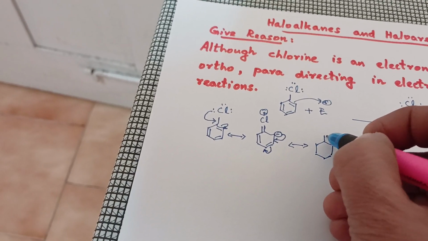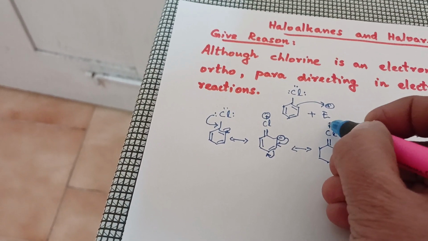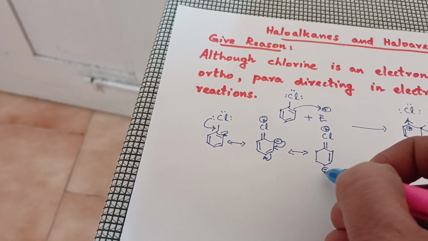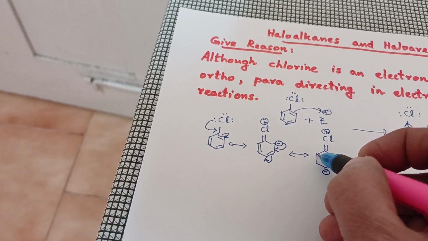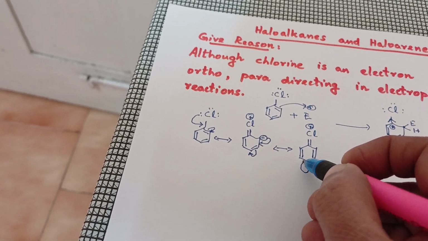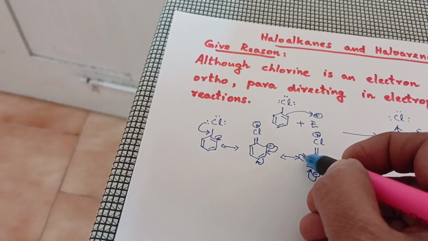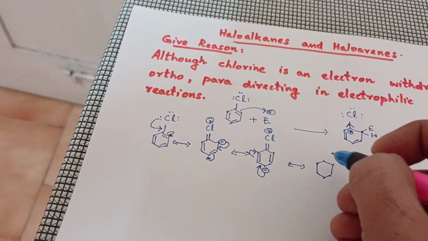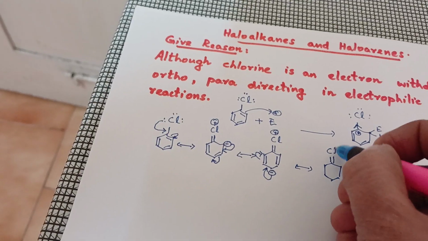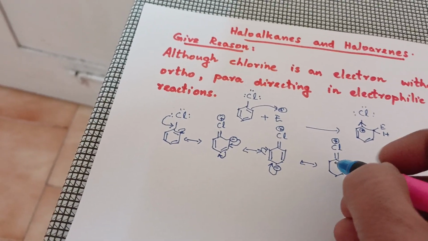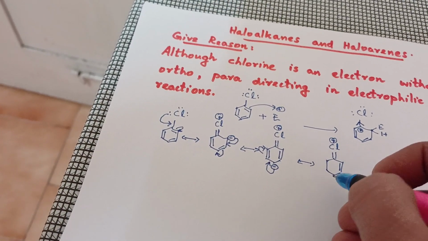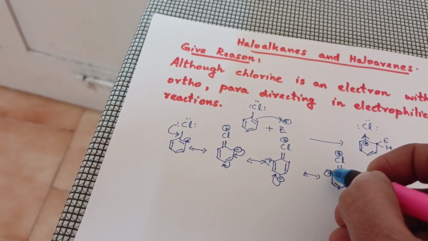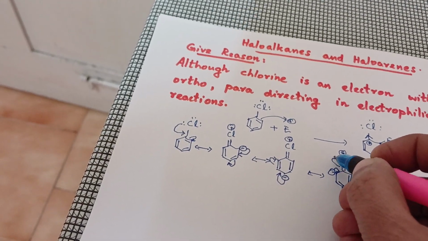So we can see Cl with a positive charge. A bond is formed here. Now negative charge here, or electron density is increasing there. And now this shifts in here and this shifts here. So if you look at the resonance structures, you can see that the electron density is increasing at the ortho and para positions.